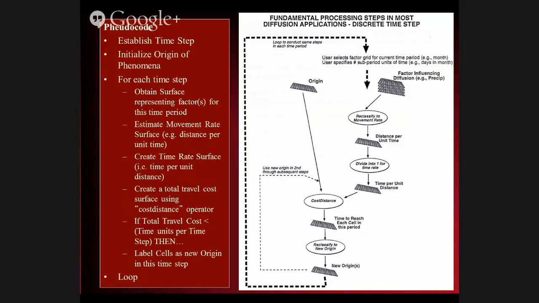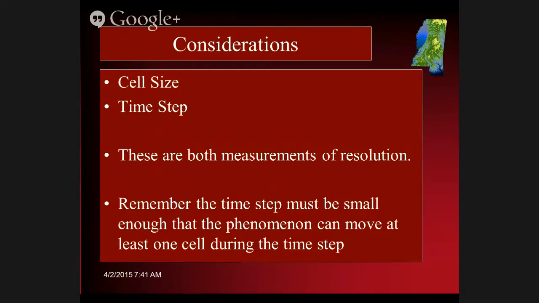That's actually one of the kind of hang-ups. Because you control the time step, there's some requirements. I'll go back to that other slide in a second, but the third bullet here, remember the time step must be small enough that the phenomenon can move at least 1 cell during the time step. Otherwise, you won't be able to model it. Okay, if it's not moving 1 time step, it'll never change.